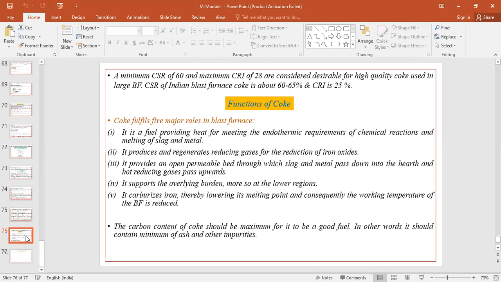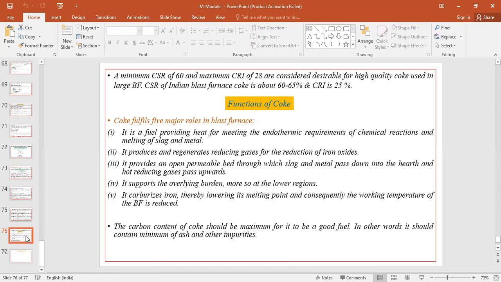We also discussed the availability of these raw materials in India, where they are located, and how much quantity is available. We also discussed various integrated steel plants located in India, in both the public and private sectors, and their contribution in terms of production, as well as what kind of products they produce.